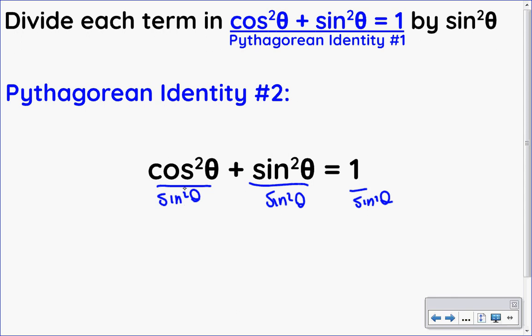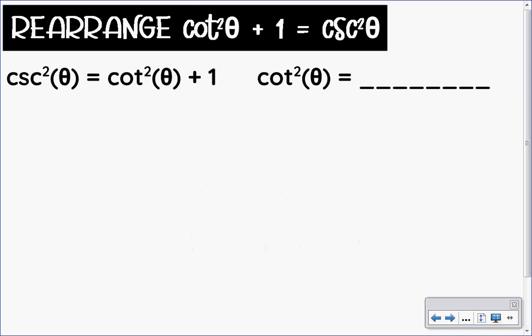Well, I know cos over sine is cotan, so cos squared over sine squared will be cotan squared. Plus sine squared over sine squared is 1, equals, I know 1 over sine is the same as cosecant, so 1 over sine squared would equal cosecant squared. So this is Pythagorean identity number 2: cotan squared plus 1 equals cosecant squared.